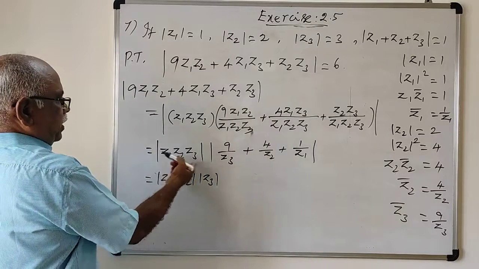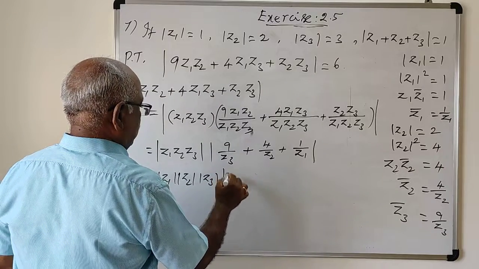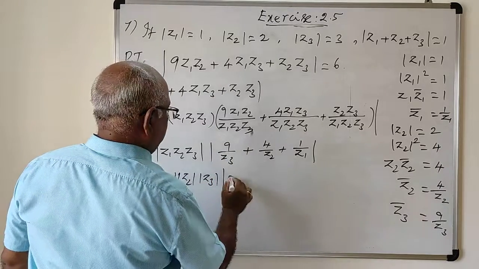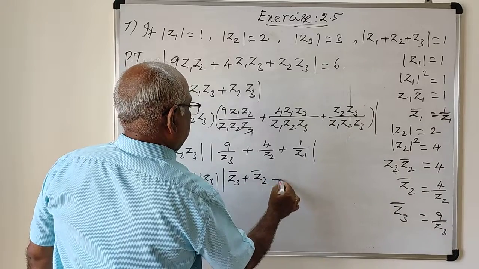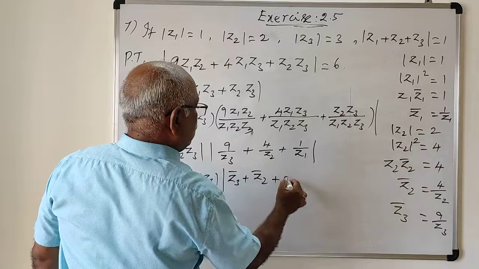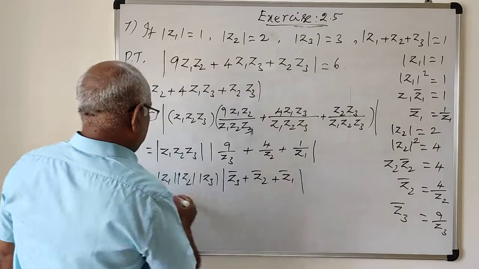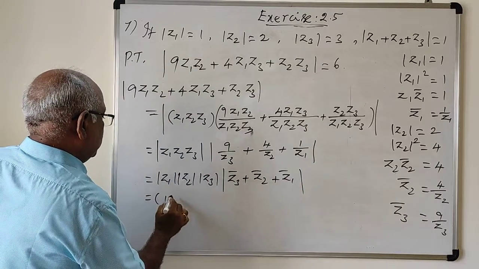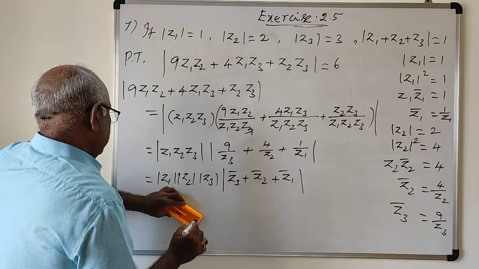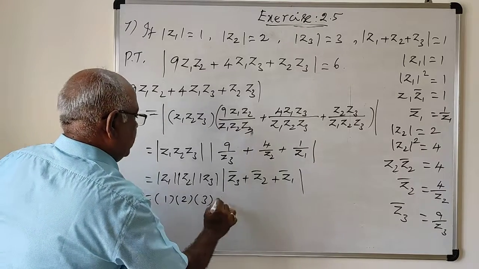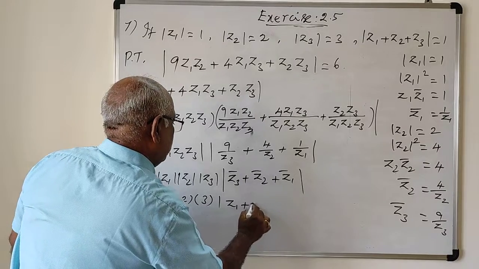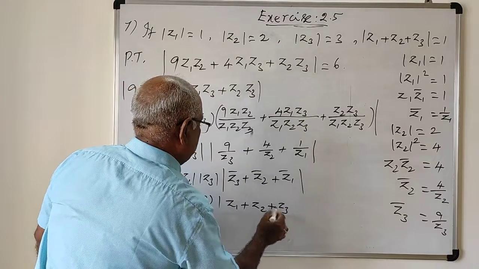We can split the product, and this is mod of 9 by Z3 is Z3 bar, 4 by Z2 is Z2 bar, 1 by Z1 is Z1 bar. This is 1. The mod of Z1 is 1, this is 2 into 3. Here this is total mod of Z1, Z2, Z3.